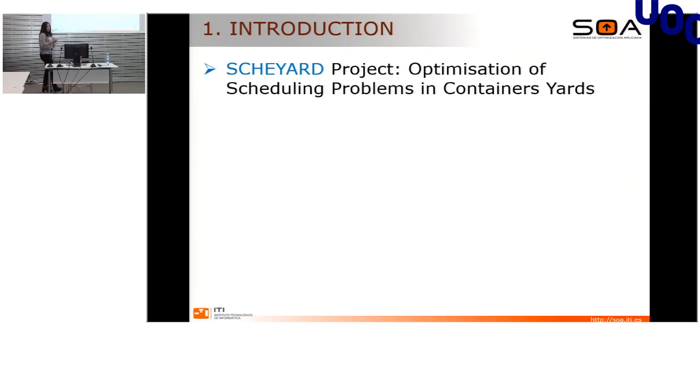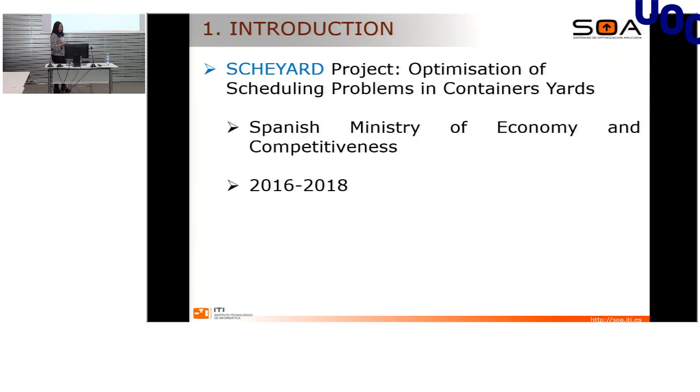Okay, so now we change our topic slightly, and we are now working in optimization of scheduling problems, but in container yards. Now we have a project also funded by the Spanish Ministry of Economy and Competitiveness, and we are going to study 3 problems inside the yard container.